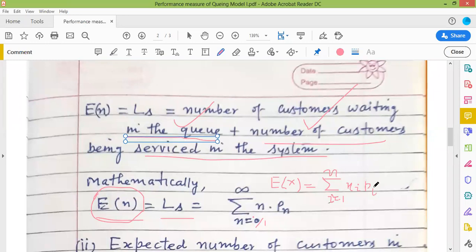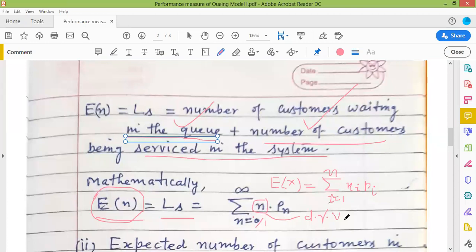Observe this very point: here n is a discrete random variable.